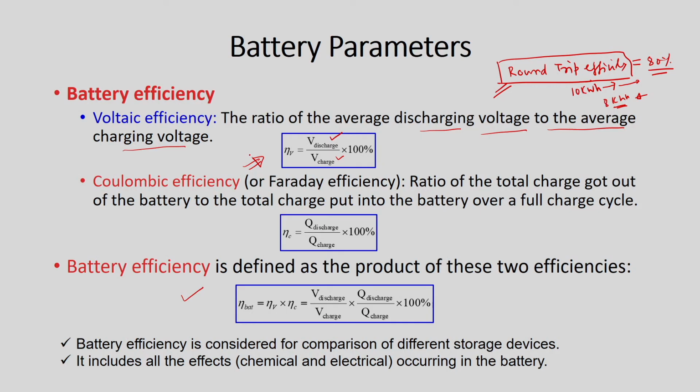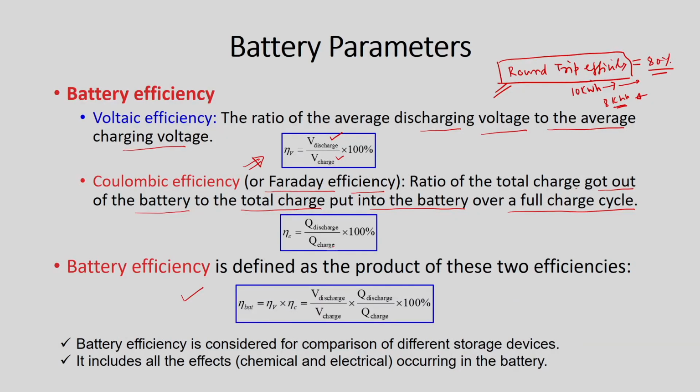And the second efficiency is Coulombic efficiency, also known as Faraday efficiency, which is the ratio of the total charge got out of the battery to the total charge put into the battery over a full charge cycle. And this is defined as Q discharge by Q charge.